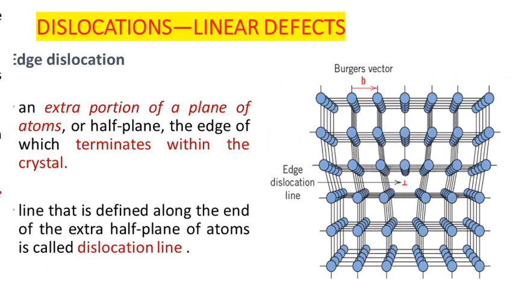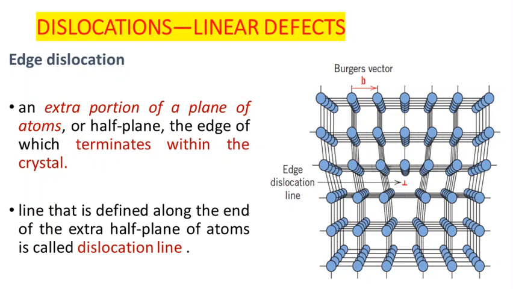Another important feature is the effect of this edge dislocation, or extra plane of atoms, when it is introduced into an ordered crystal lattice. The main effect is that it creates a stress field around the other atoms.